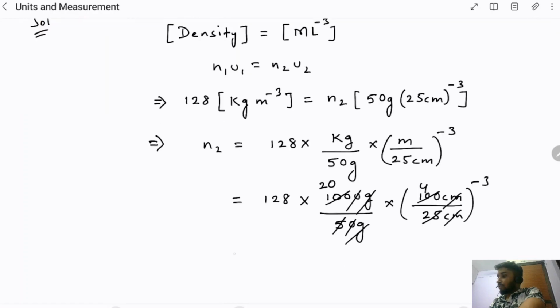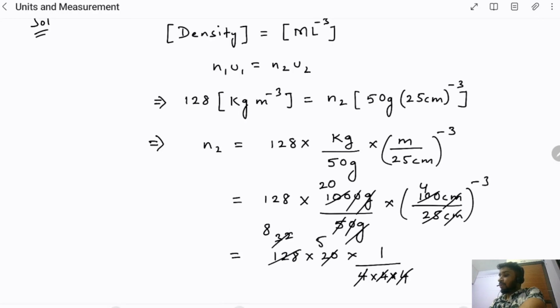So this becomes 128 into 20 into, here 4 to the power minus 3 we will get, which can be written as 1 by 4 into 4 into 4, okay, for simplification purpose. So this will go 5 times, then here 4 3 times 12, 2 times 8, then again 4 8 times 32.